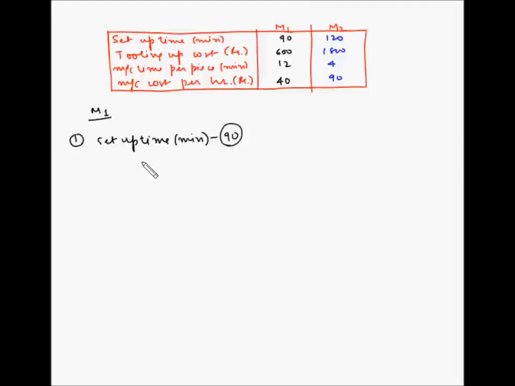Now we know that for 60 minutes, that is 1 hour, the cost is 40 rupees. So for 90 minutes, what is the cost? So cross multiplication here, x multiplied by 60 is equal to 90 multiplied by 40.